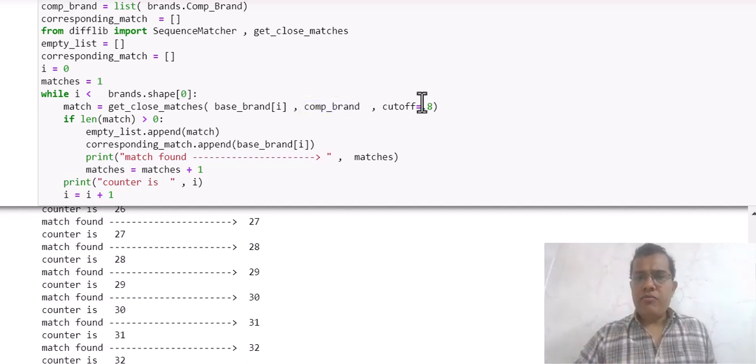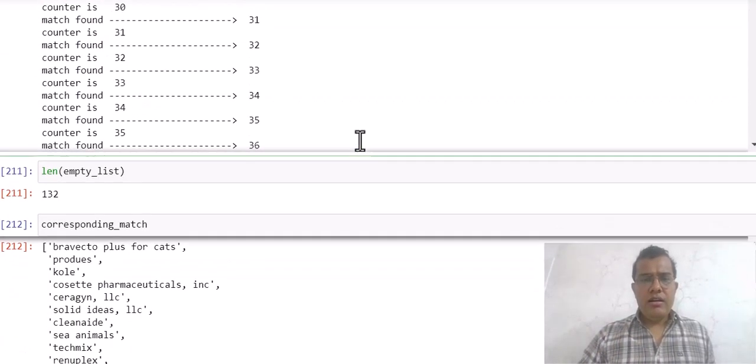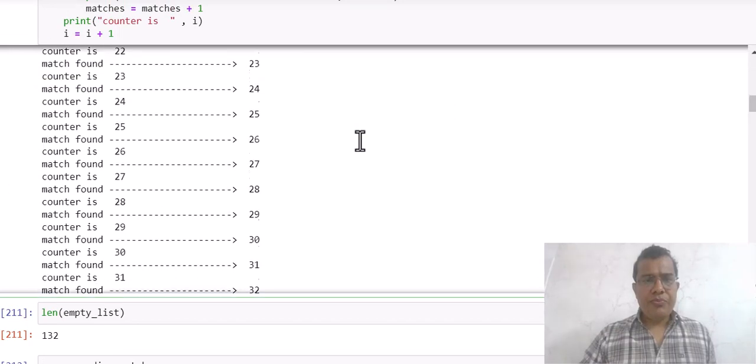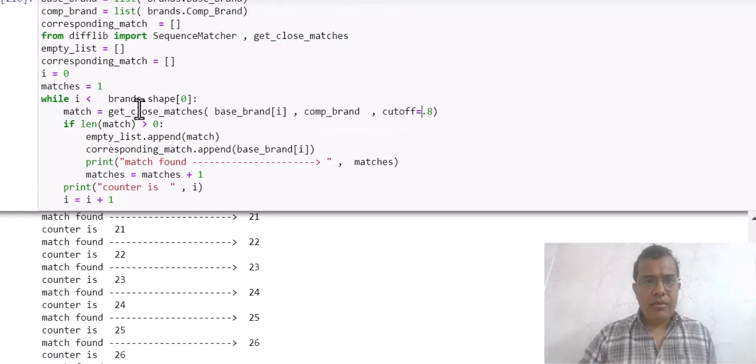I have taken the cutoff probability as 0.8. It means if the similarity is above 0.8, I consider it to be a match. And then I am storing the matches in the corresponding match list.